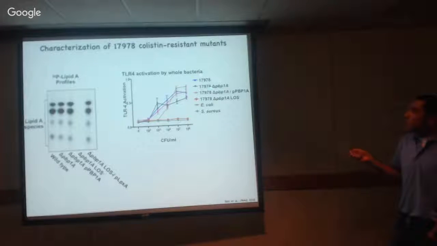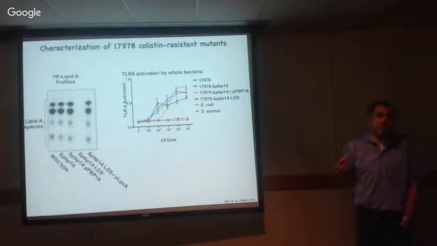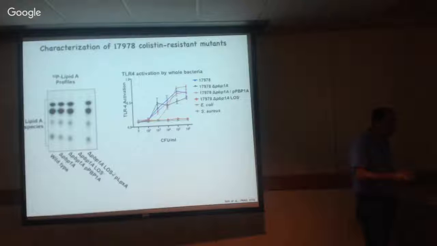As you see, our wild-type strain highly activated TLR4, with activation increasing as the number of cells we added increased, whereas our LOS-deficient strain, this red line, did not. It activated about as well as the gram-positive Staph aureus, which does not produce lipid A or LOS.